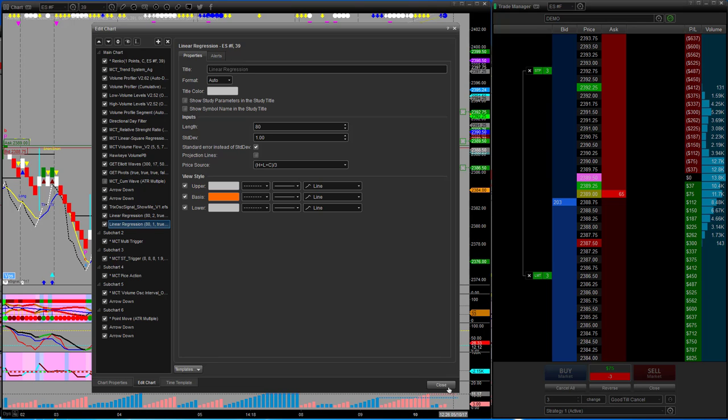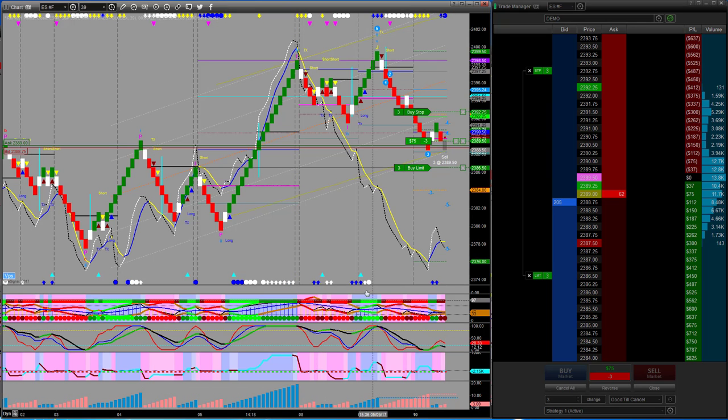I found these lines help me in determining profit targets, entries, etc. If you can see, this is the outer line here and the outer line here of the regression channels based on standard error deviations. You can see the price reversed up at the lower band here, price reversed down at the upper band there, and you will always find, you can work it out, that the distance between any of these two lines is one standard error distance.